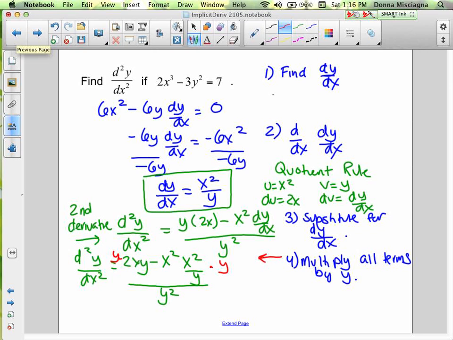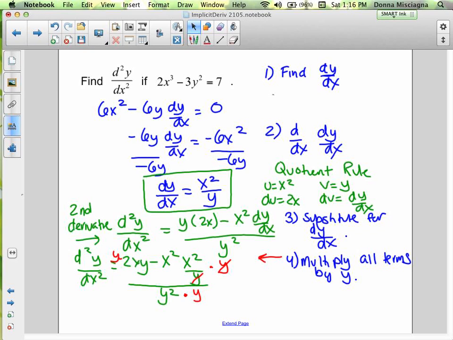Now this will cancel out the y. I've multiplied the numerator by y. There's two terms, so it has to be distributed. And I multiply the denominator by y.